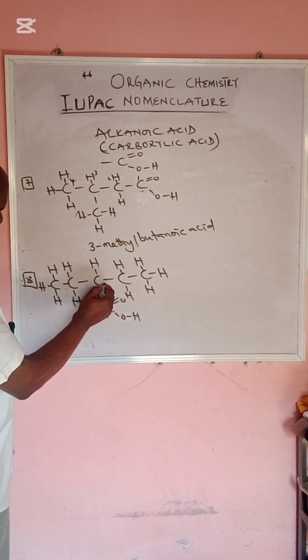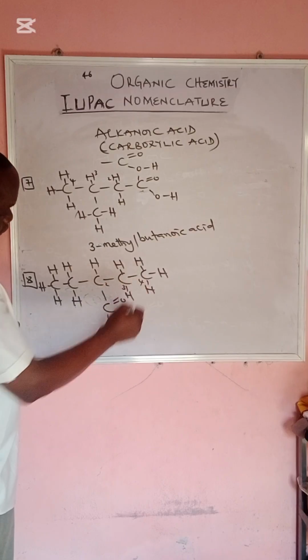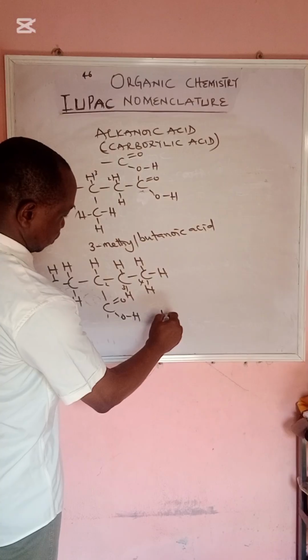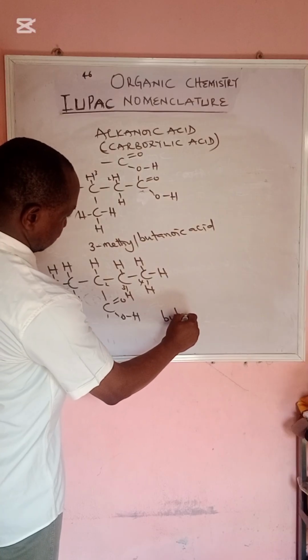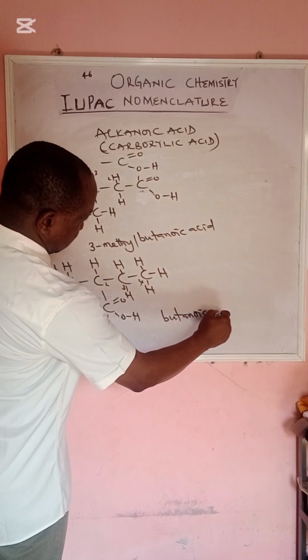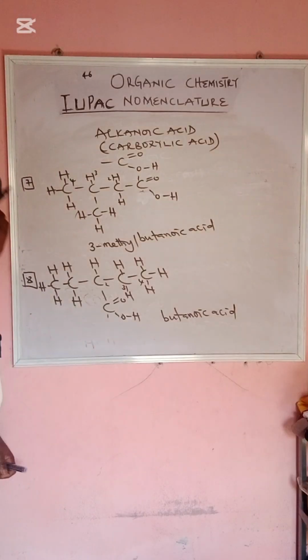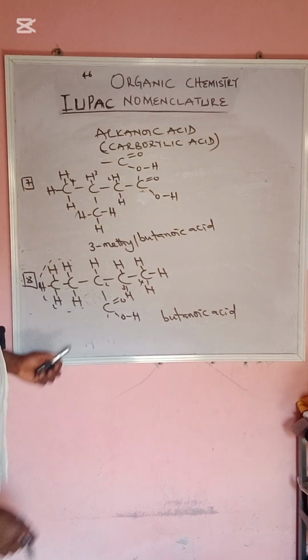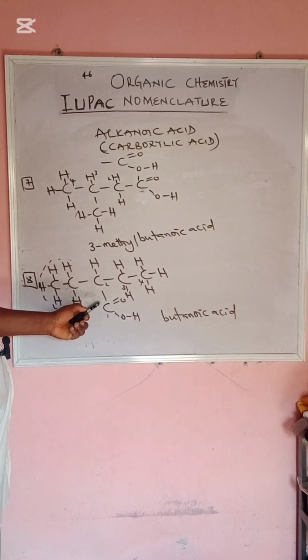So 1, 2, 3, 4. So that is a butanoic acid. But this alkyl group is ethyl, which is attached to carbon 2.